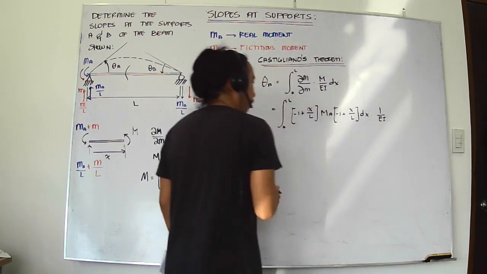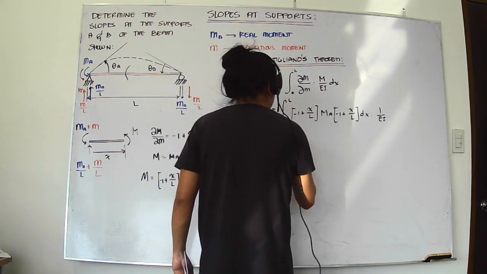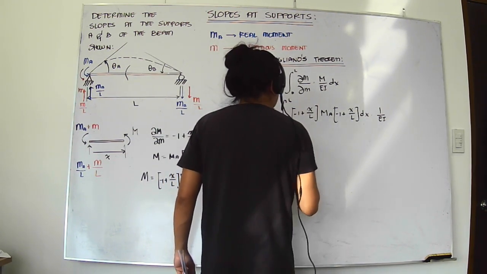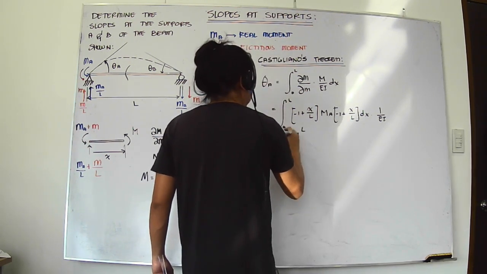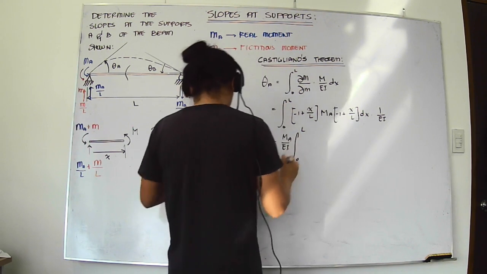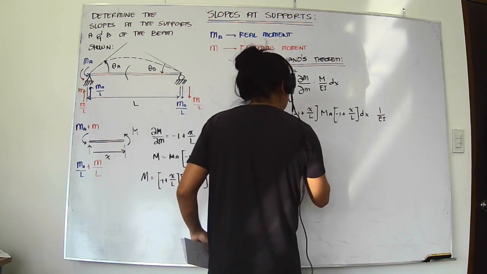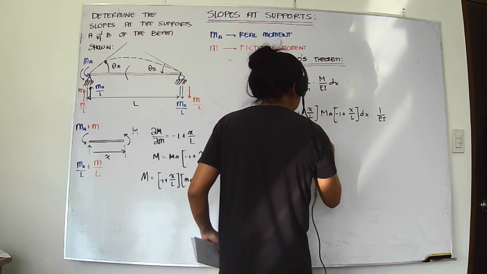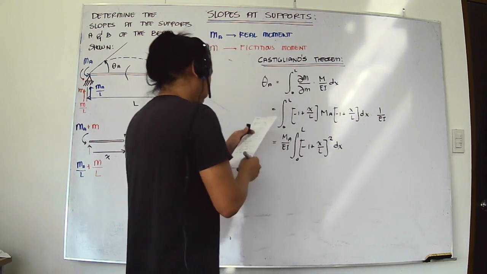Right? The 1 over EI we take out. It's 0 to L. MA can also be factored out. So what remains is negative 1 plus x over L, squared, dx. Right?